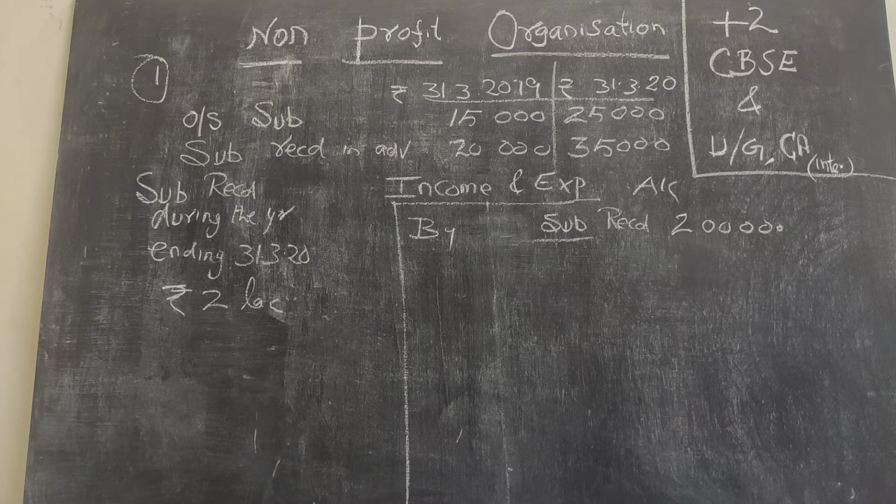With the help of that, you have to compute the subscription to be shown in income and expenditure account, and also how it will be reflected in balance sheet is the problem. Now we will see how to do that.